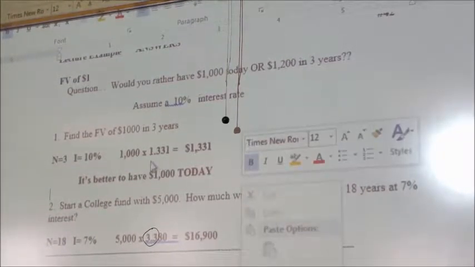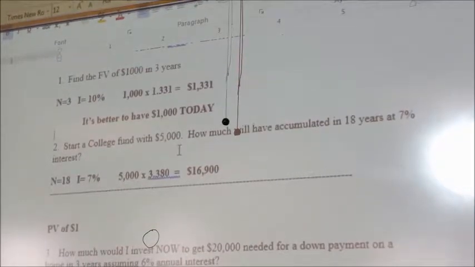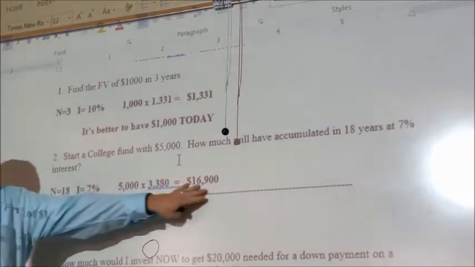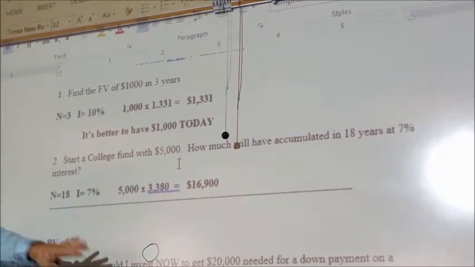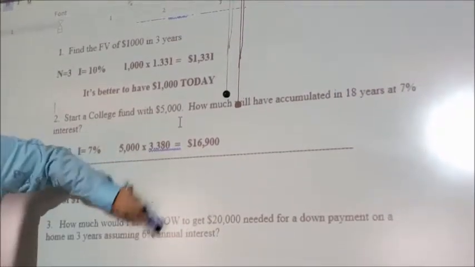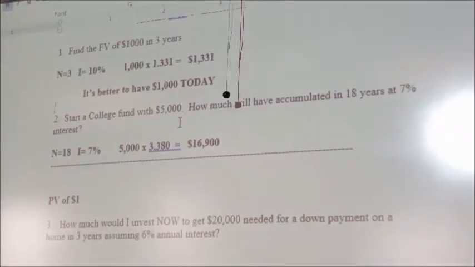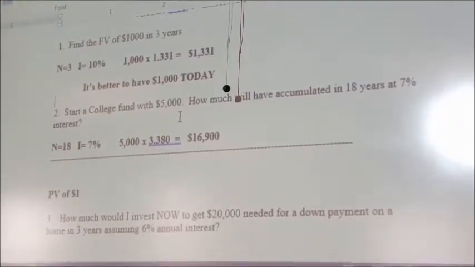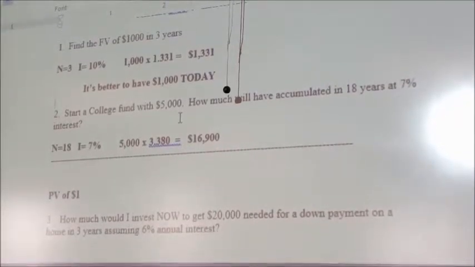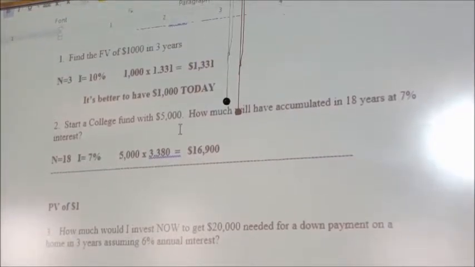Then we can look at it from the opposite point of view and say, well, instead of me knowing that maybe I need $16,000, let's say I know that I need $20,000 because I want to have money for a house. And I know that I can earn 6% interest. How much do I need to have right now?